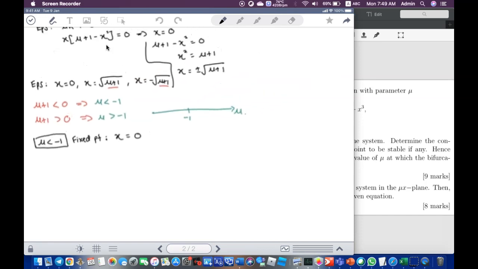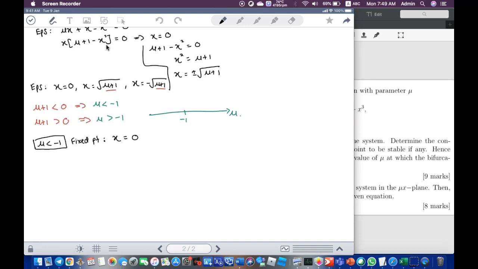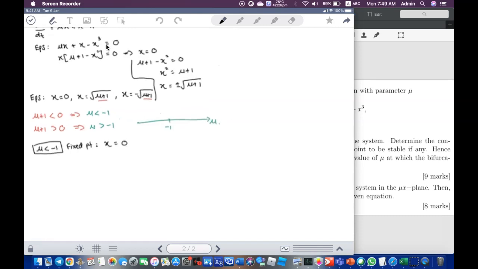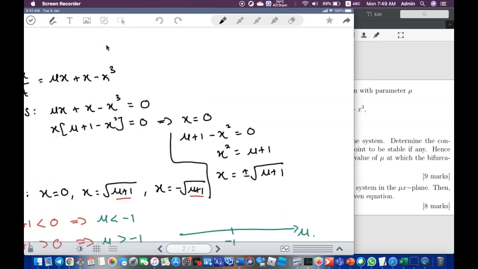Okay, now we have to use the theorem to determine the stability at the equilibrium point, where you have to remember last time we assumed this one is the function of x given by mu x plus x minus x cubed.